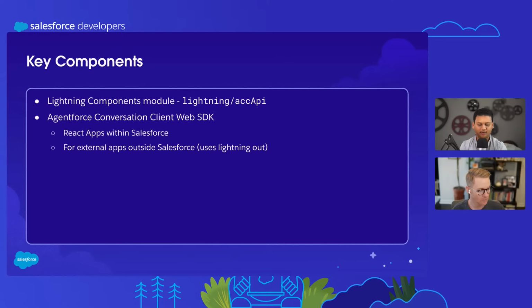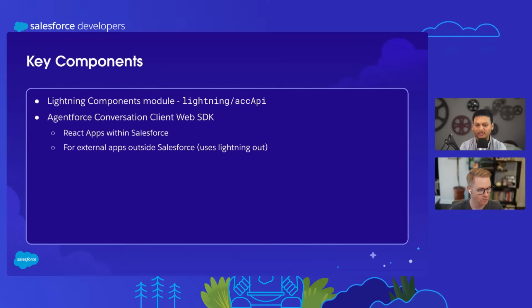You can read about it in the documentation. We'll share the links to that. The idea is you have your own component and you want to drive the conversation of your agent and control the behavior of the agent from your own components. That's now possible with this.